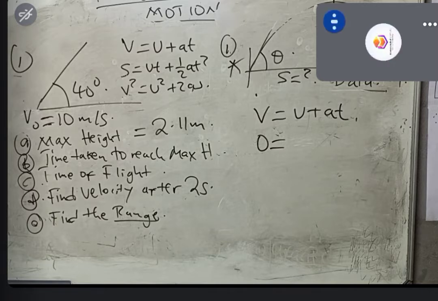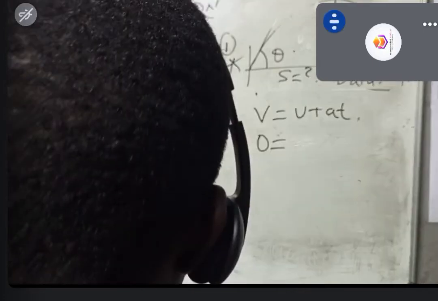You end there. Because if you begin saying that when you are talking about projectile, then you are lost again. Make sure that's the only difference with linear motion. We need the angle to be there: 10 sine 40, not just 10. The moment you say 10, you're wrong. The answer will be very different. So I hope that is clear.